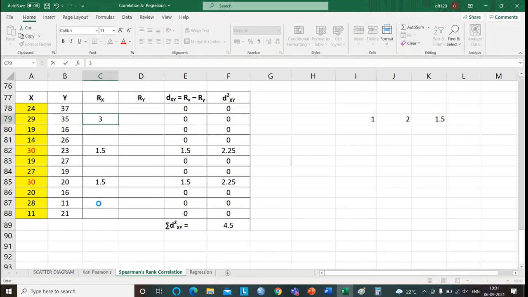After third rank, we have 28, that is fourth rank. After 29 and 28, we also have 27.